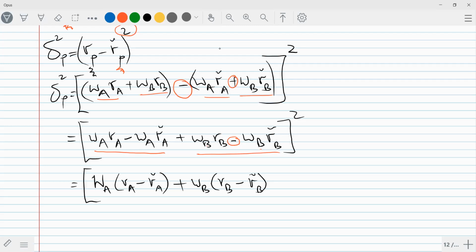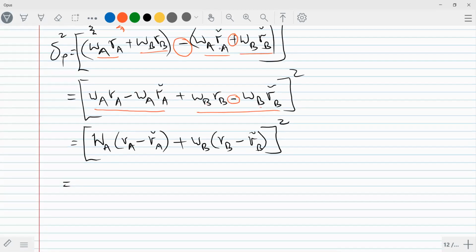This remains squared. If you remember, I presuppose you have done this already, the quadratic equation: a plus b, squared, gives us how much?